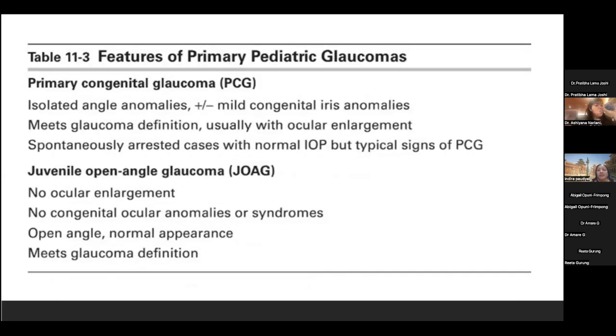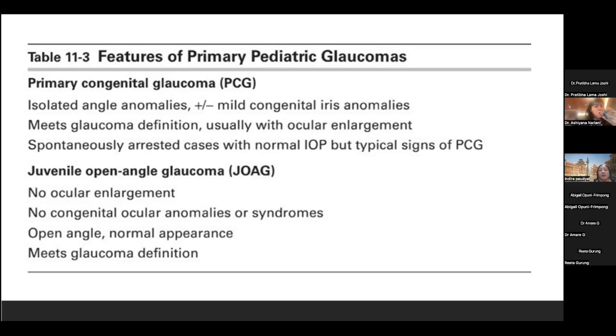Features of primary pediatric glaucoma: isolated angle anomalies that may present with mild congenital iris anomalies. It meets the glaucoma definition, usually with ocular enlargement, and there are spontaneously arrested cases with normal IOP but typical signs of PCG.